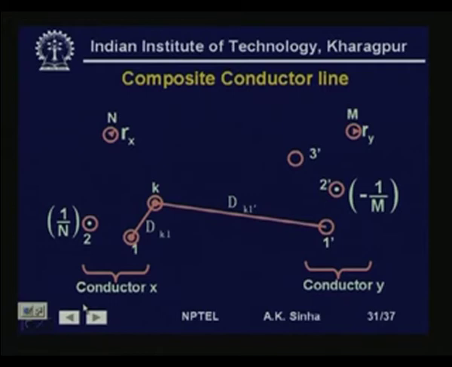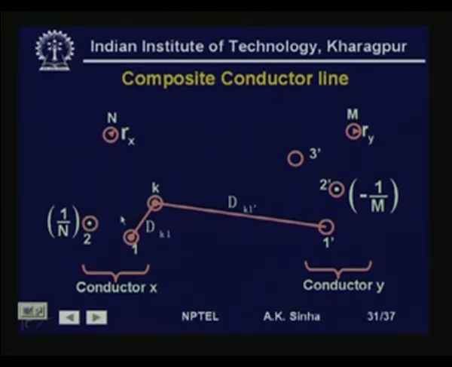Now, we will try to use this for a single phase transmission line, which consists of composite conductors. So, we have one conductor X and a return conductor Y. Conductor X consists of a total of n conductors, each with the same radius r x, and each conductor carries 1 by nth of the total current.